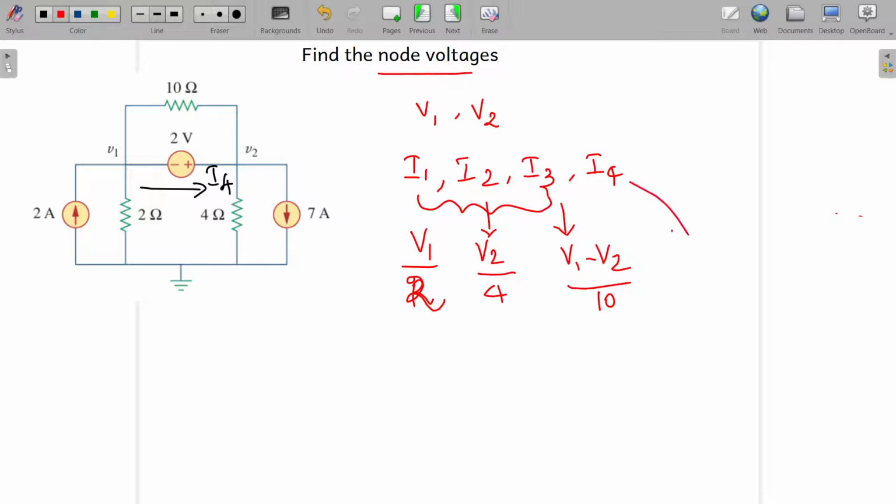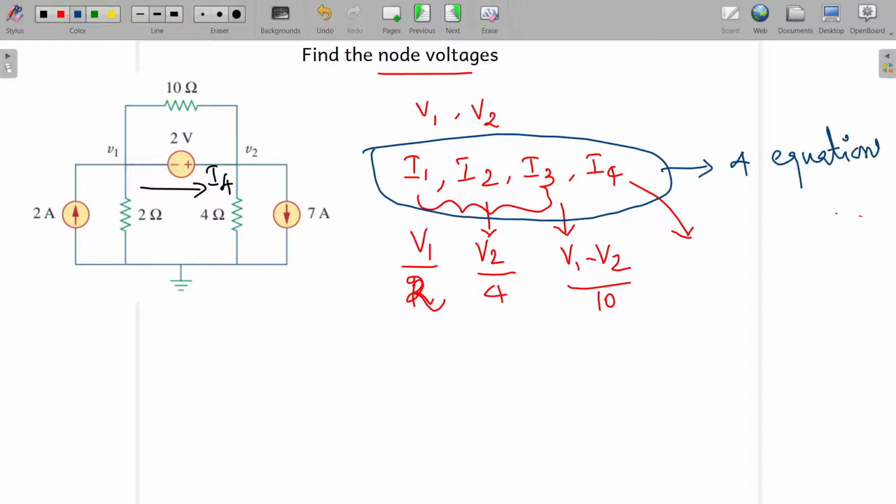But what about this I4? Can you write any equation like this in order to find out the nodal voltages? Because if you are marking 4 unknowns, then definitely you need 4 equations. If you have 4 simultaneous equations, then only you can find these 4 unknowns.